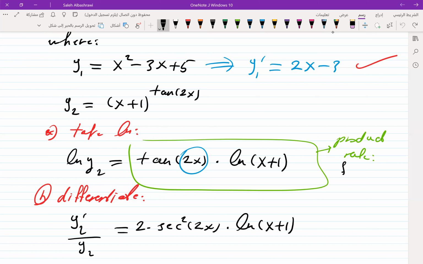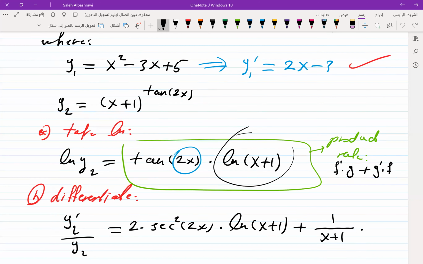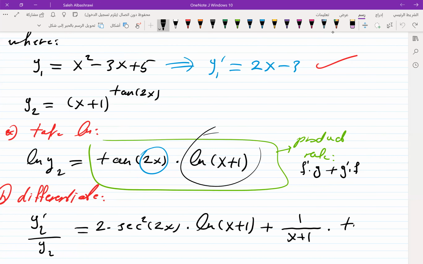Product rule, it is f prime g. What we found now is only f prime. I still have the other part, which is g prime multiplied by f. Now the derivative of g, which is the second function, ln of x plus 1, is 1 over x plus 1, multiplied by the first function, which is tangent 2x.